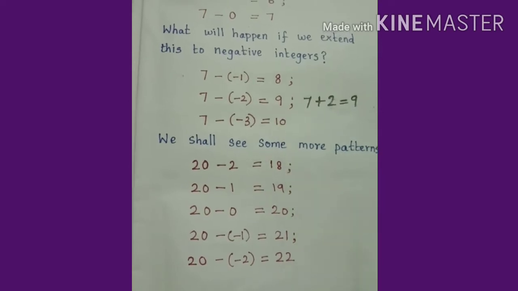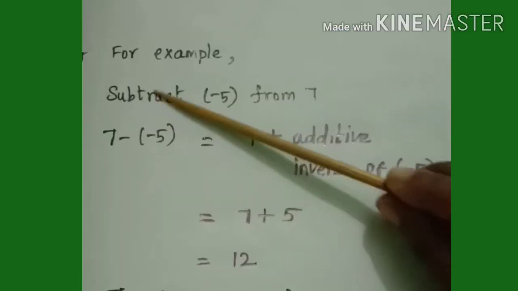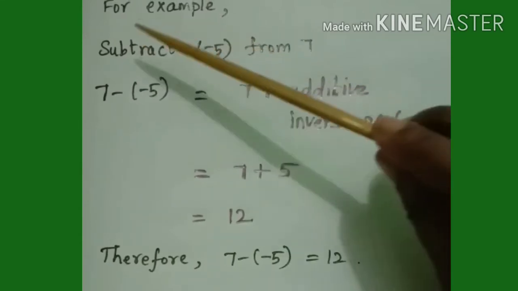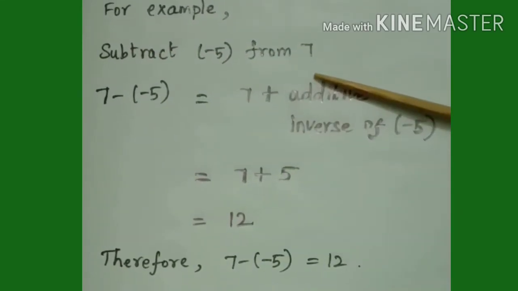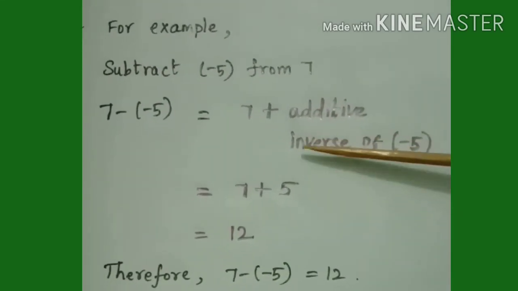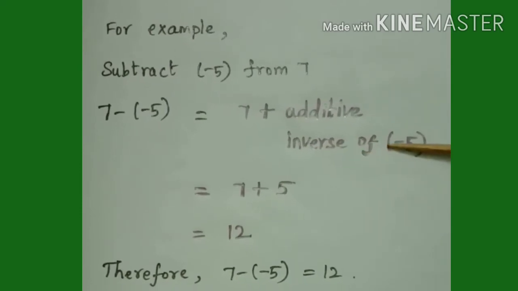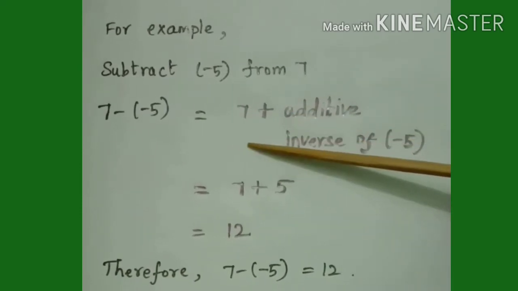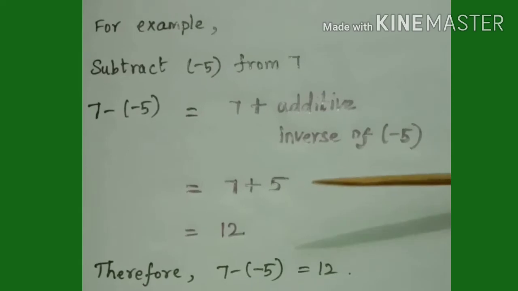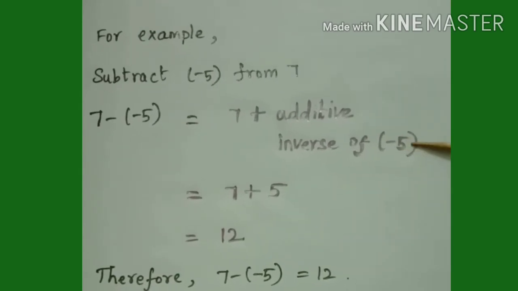be subtracted. For example, subtracting minus 5 from 7 is nothing but adding the additive inverse of minus 5 with 7. So students, what is the additive inverse of minus 5?